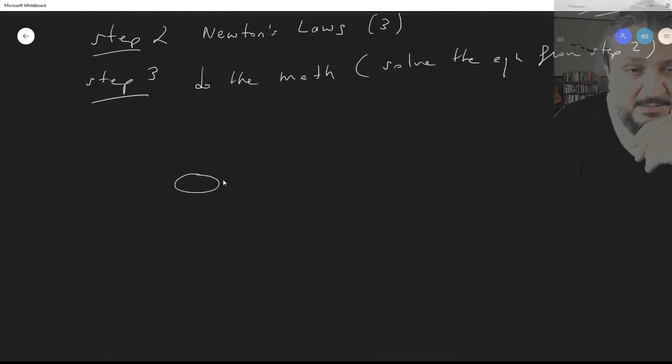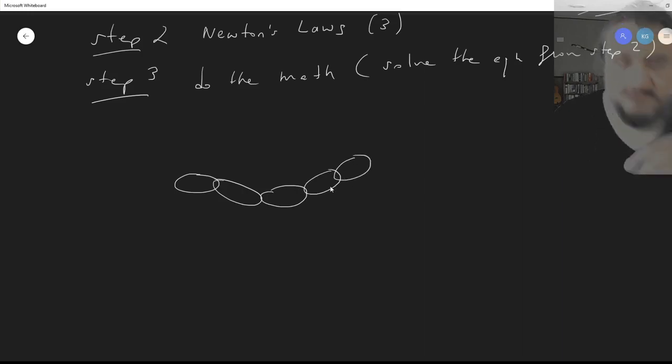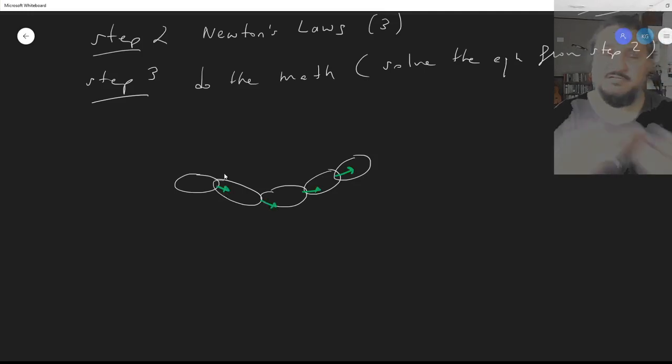A chain has what, links, those little loops, right? So if this chain, if this loop pulls this guy over here, this one will pull it here, like that. Okay, so you're transmitting the force from one point to another.